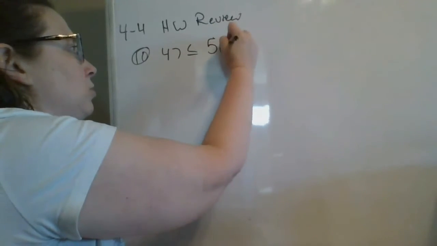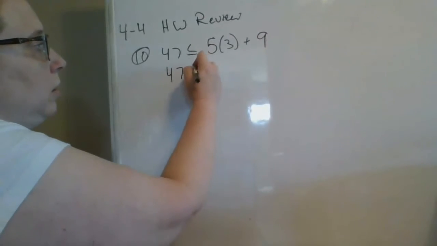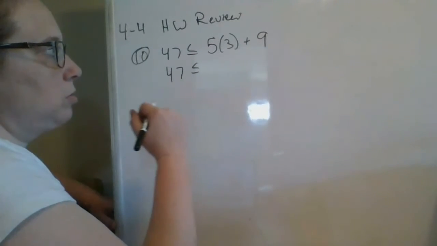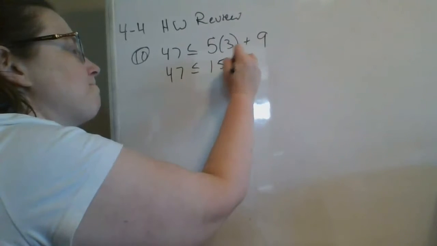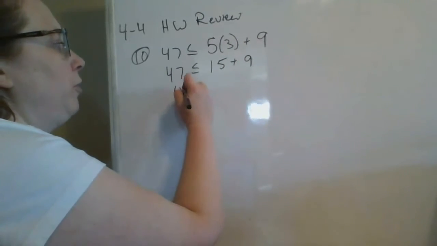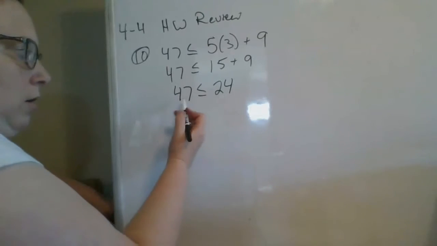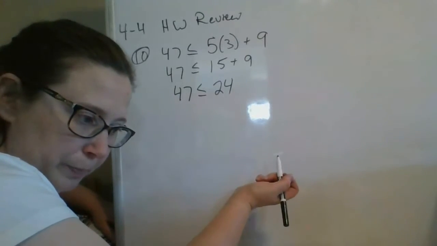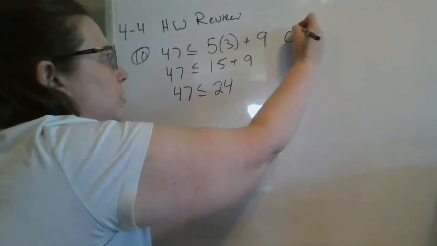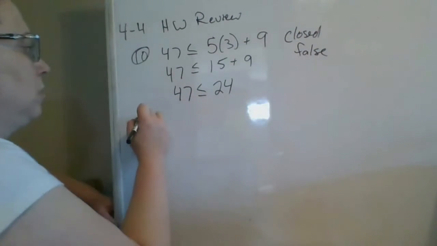So we have 5 times 3, and we're going to add 9 to that. Here we have a closed sentence. So we can go ahead and figure out if this is true or false. 47 is less than or equal to 24. That is false, my friends. We have a closed sentence, that is false.